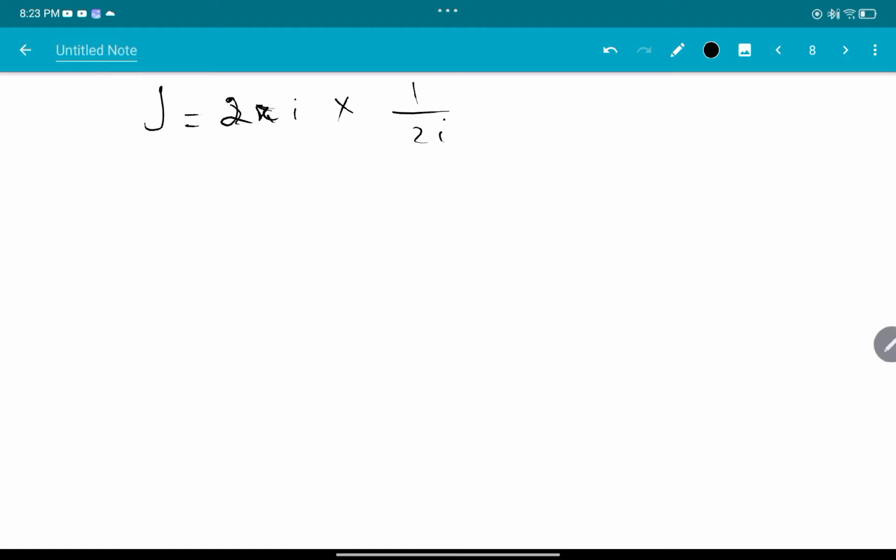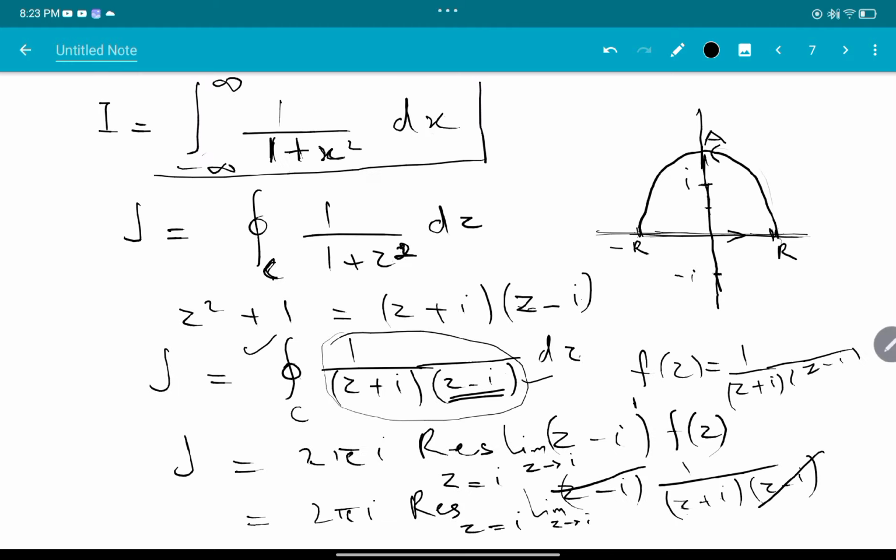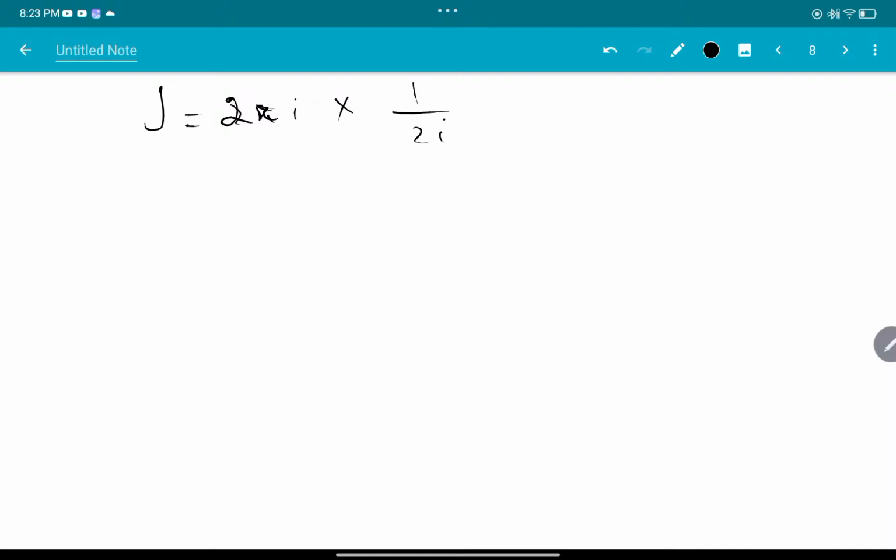The actual form is that the residue is equal to this. Going back, I have divided by 2i; the 2 and 2 cancel, and i and i cancel. The value of J is pi. So whose value have we calculated?